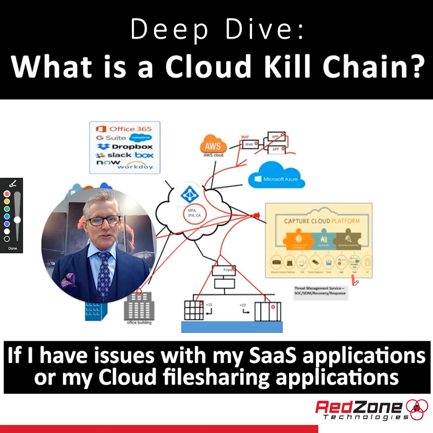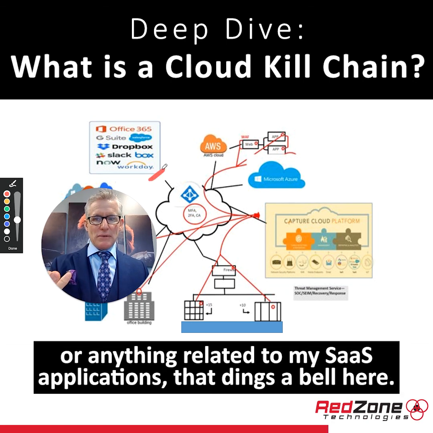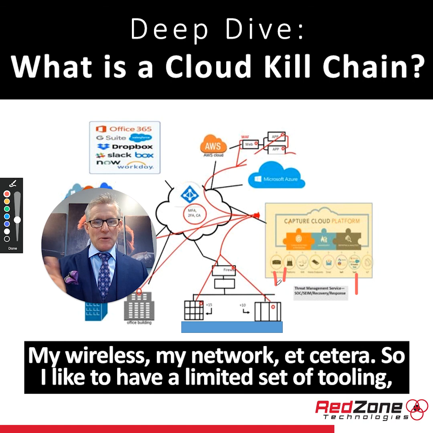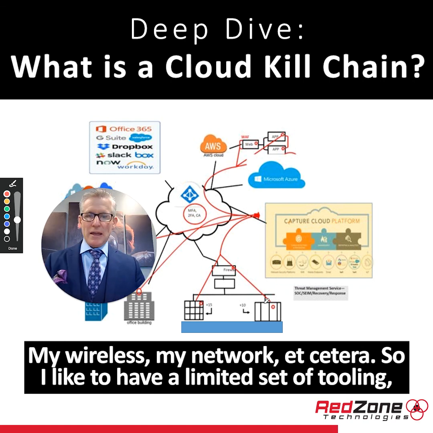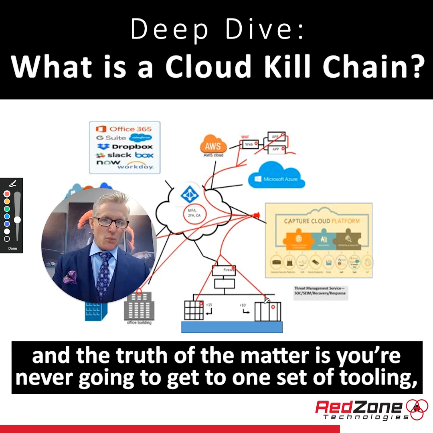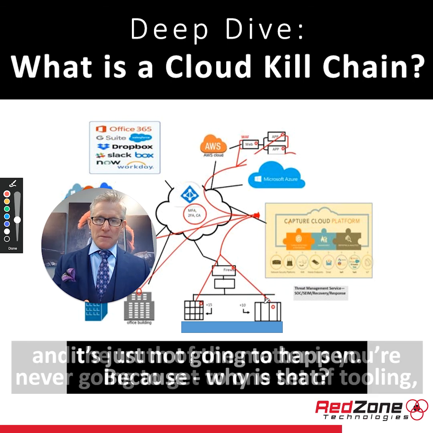If I have issues with my SaaS applications, or my cloud file sharing applications, or anything related to my SaaS applications, my tooling dings a bell here, my wireless, my network, etc. So I like to have a limited set of tooling. And the truth of the matter is, you're never going to get to one set of tooling. It's just not going to happen.